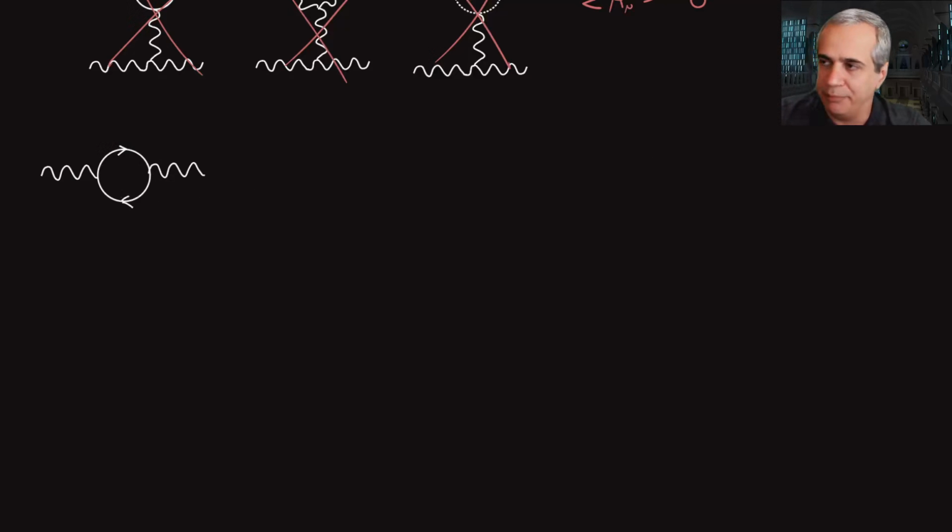What is new then? The new part is that now in these two vertices, on the right and on the left, besides the usual gamma mu, the charge, which is now g, and all these factors which were already present in QED, I now have also the generators for the group.